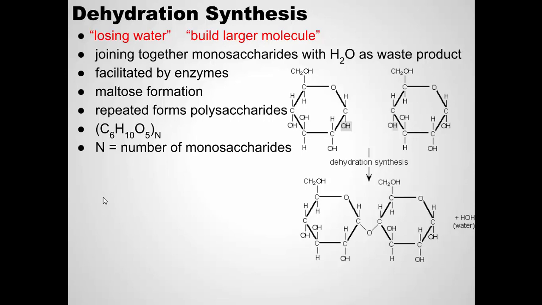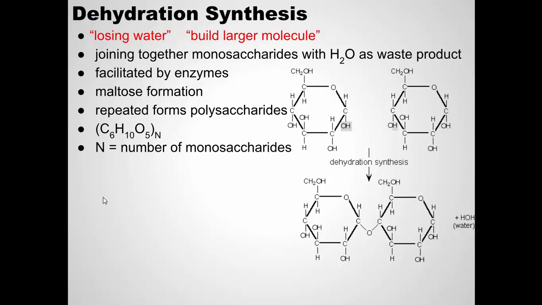So if we look, it'll make sense. It looks confusing probably with all these molecules and atoms and so forth, but it should make sense. We have 2 monosaccharides. There are 2 rings of carbohydrates. To link them together in dehydration synthesis, the hydroxide on one side gets stripped off.